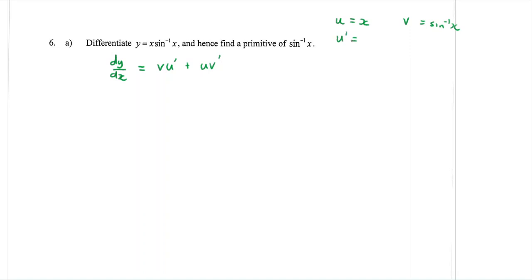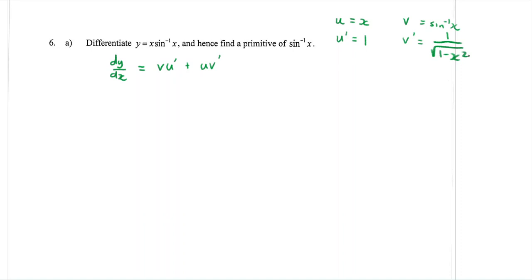Okay, derivative of x is 1. The derivative of inverse sine, the function is the x. Do you remember the formula? It's going to be 1 over square root of 1 take x squared.